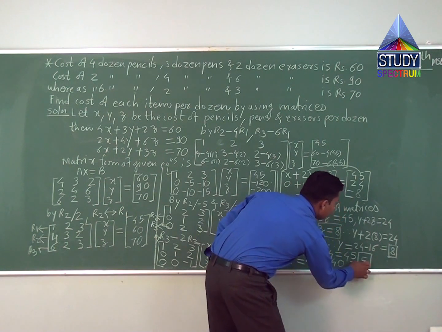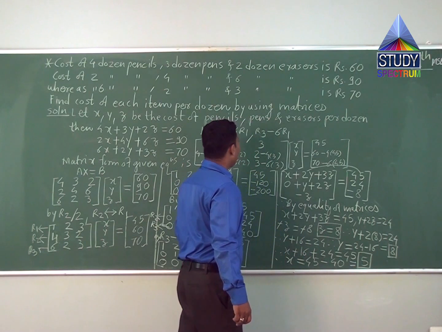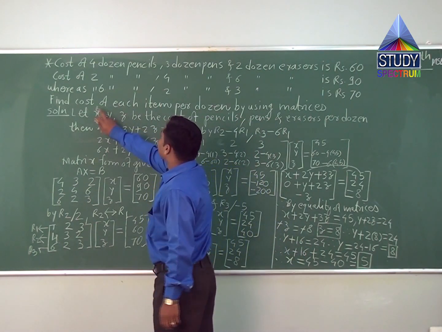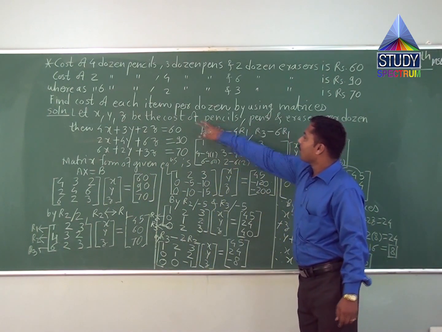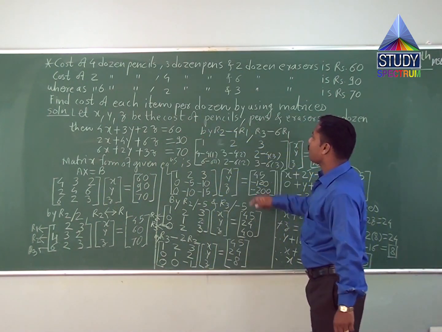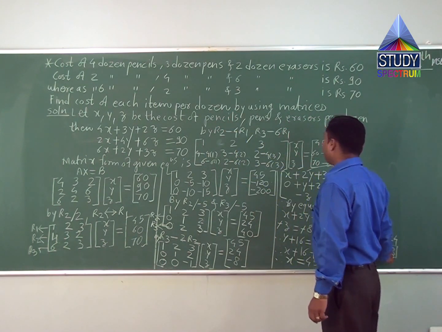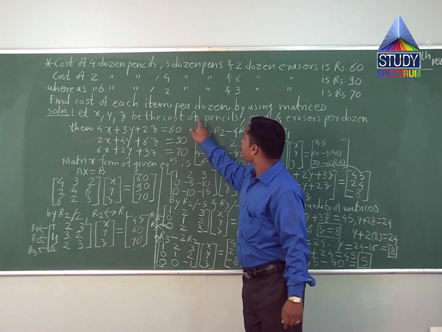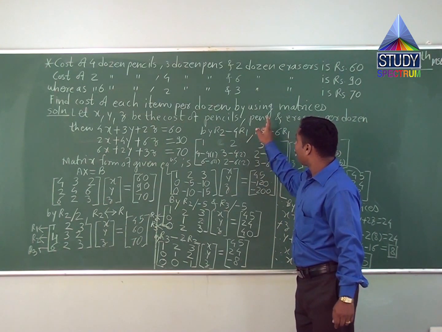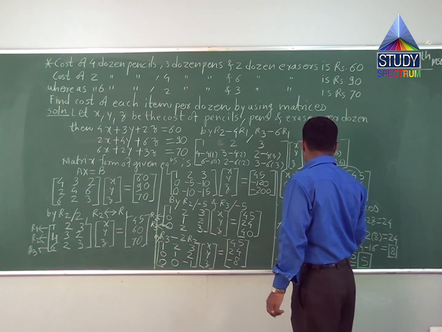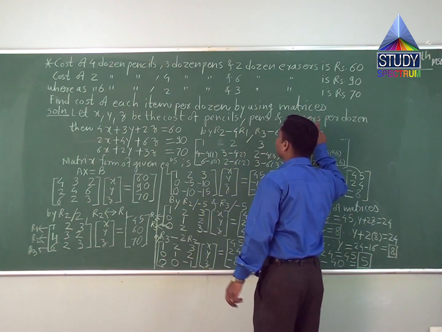So x equals 5, y equals 8, and z equals 8. This means 5 is the cost of one dozen pencils, 8 is the cost of one dozen pens, and z equal to 8 means 8 is the cost of one dozen erasers.